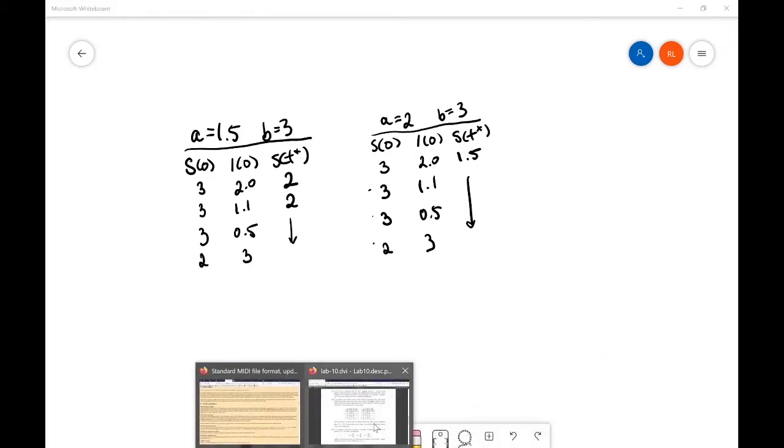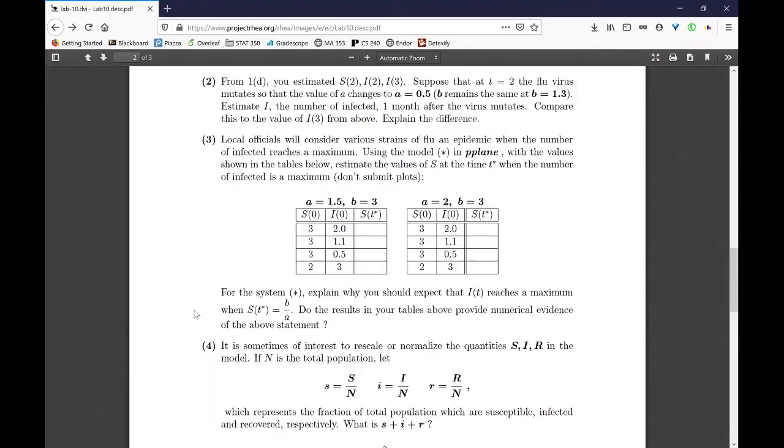So for this system, explain why you should expect that I of t reaches a maximum when S of t* is equal to b over a. Do the results in your tables provide numerical evidence for the above statement? Well, obviously, if we take a look at the numbers, b is equal to 3, a is equal to 1.5, 3 divided by 1.5 is 2.